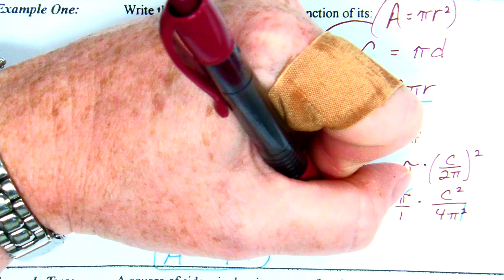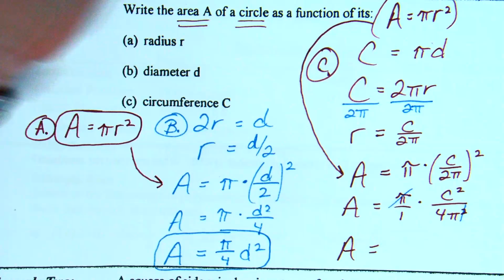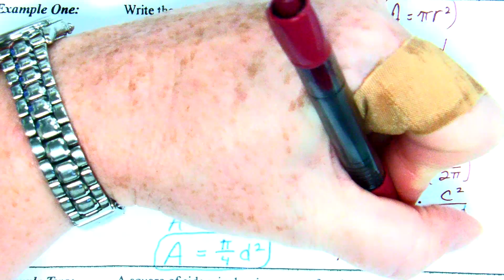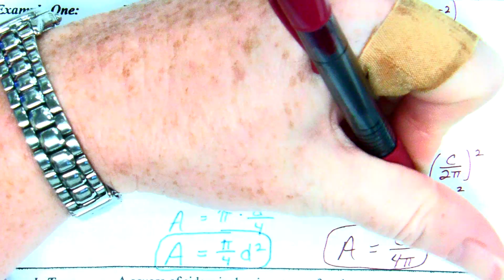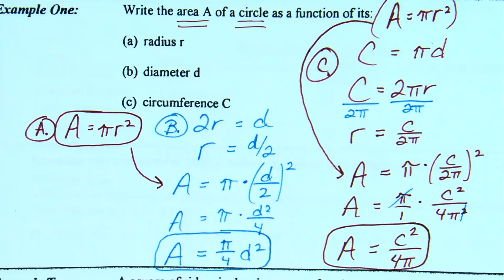And so now, if I put that all together, on top we have c squared, on bottom 4 pi. It's crazy how all these letters and numbers and things actually get you an answer. Looks a little crazy, huh?